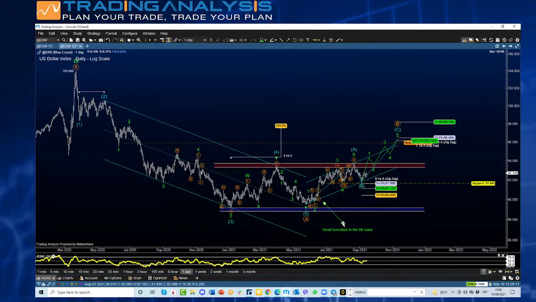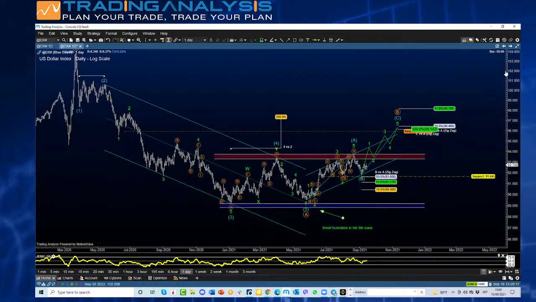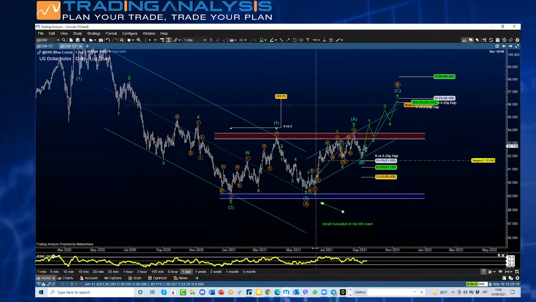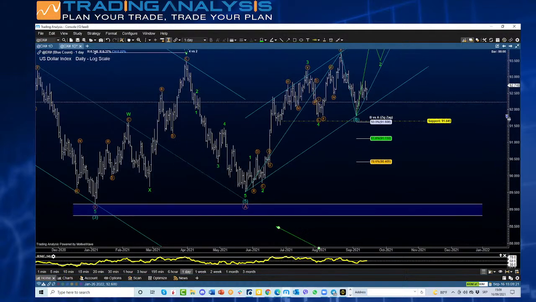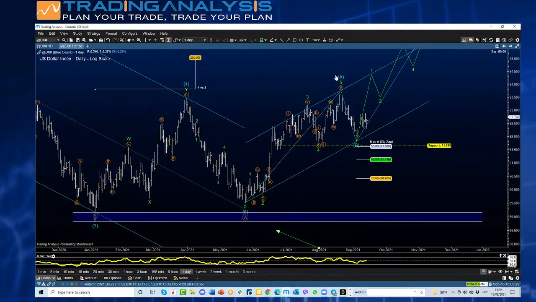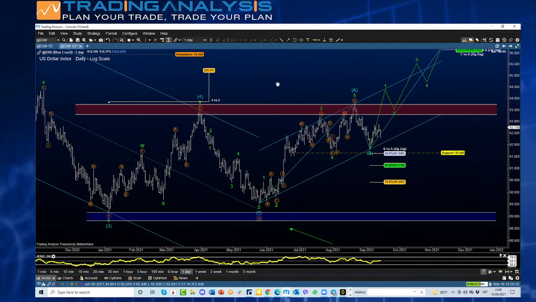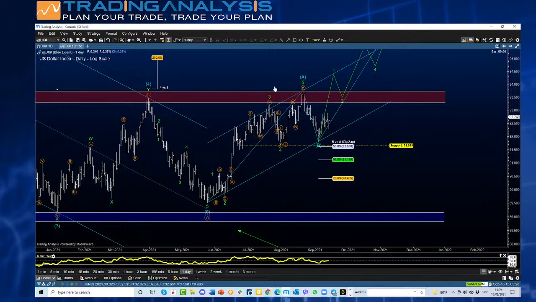And then we are looking for a 5-wave move, which already unfolded here. If I just expand this chart a little bit, you will see that there is clearly a 5-wave sequence on the upside, reaching this 4th wave resistance level. So we are still trading between this main resistance and a support level.